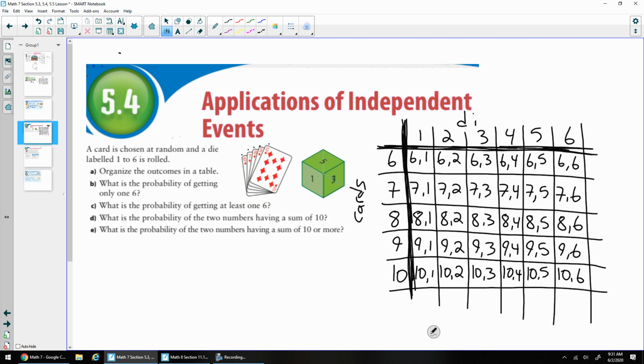So now we can go through the rest of these questions, find probability. So B, what is the probability of getting only 1 6? So the probability of 1 6. So 2 6s can't be in here because it's only 1 6. So how many outcomes is there only 1 6 for?